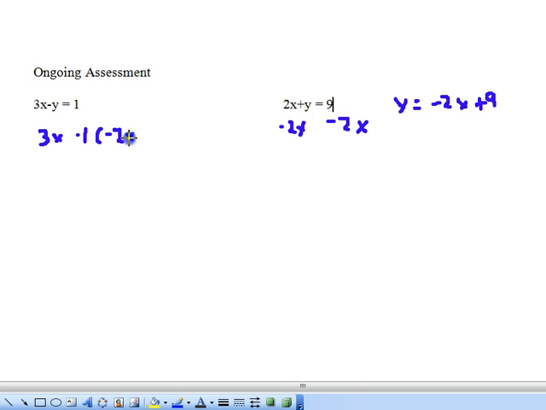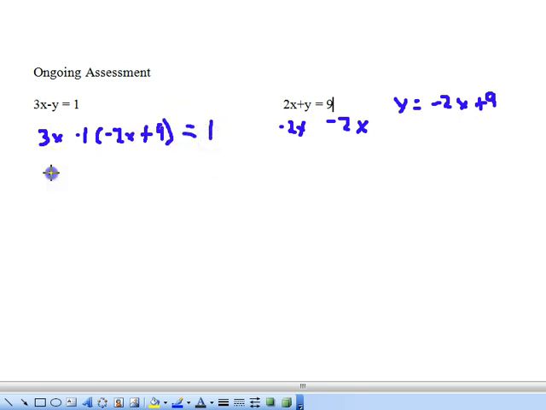That's important to remember because it'll make your problem wrong if you don't remember to put the minus 1 there. I just got that from here. I just put in negative 2x plus 9 instead of the y, is equal to 1.